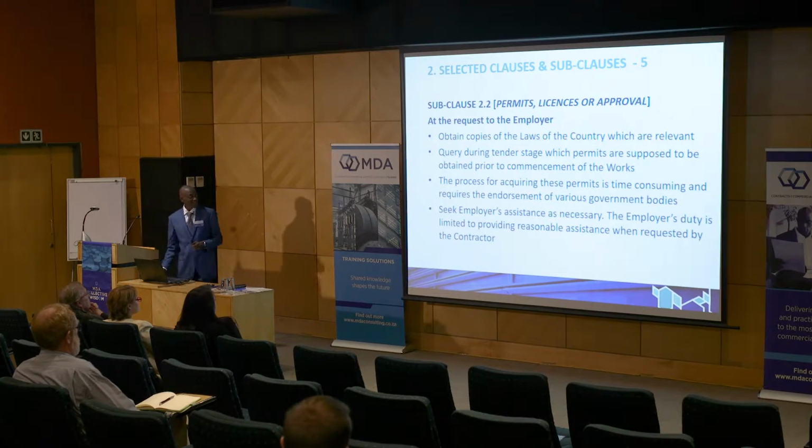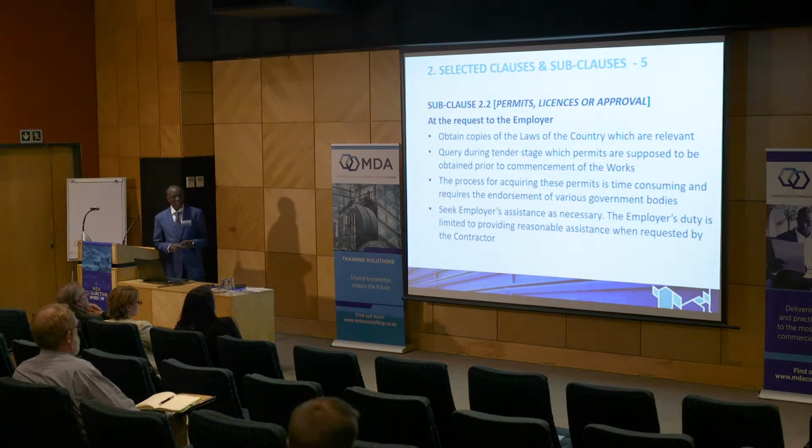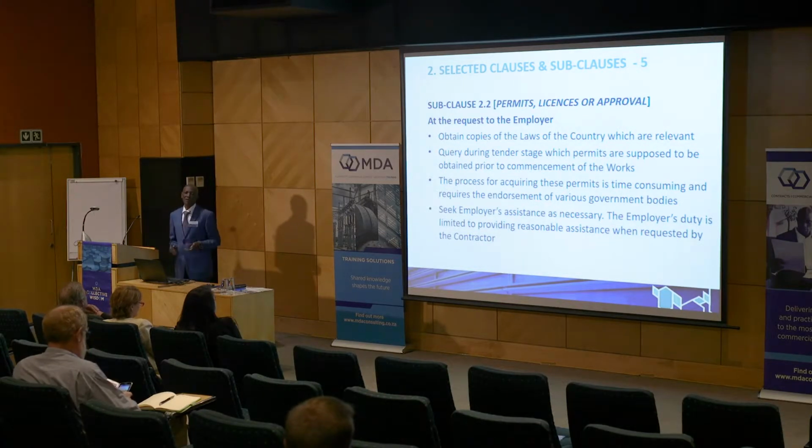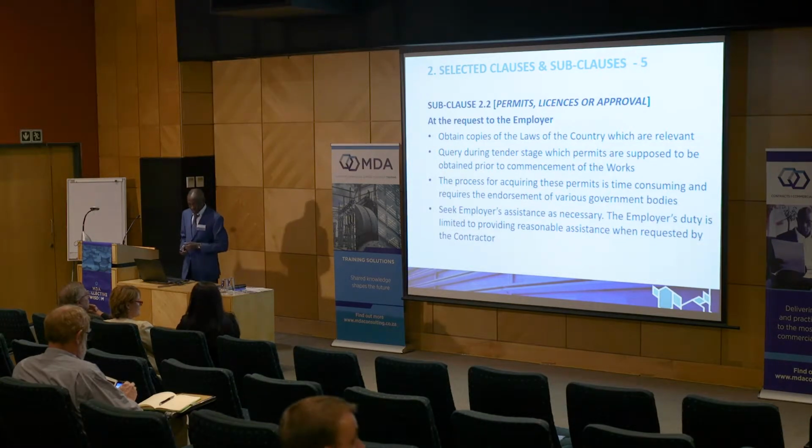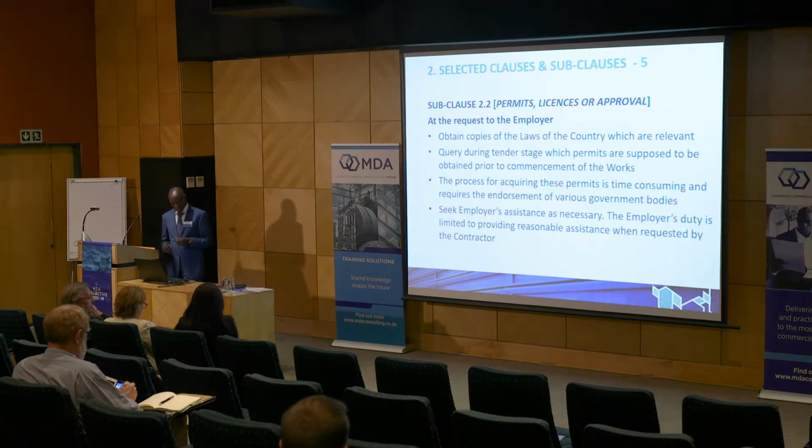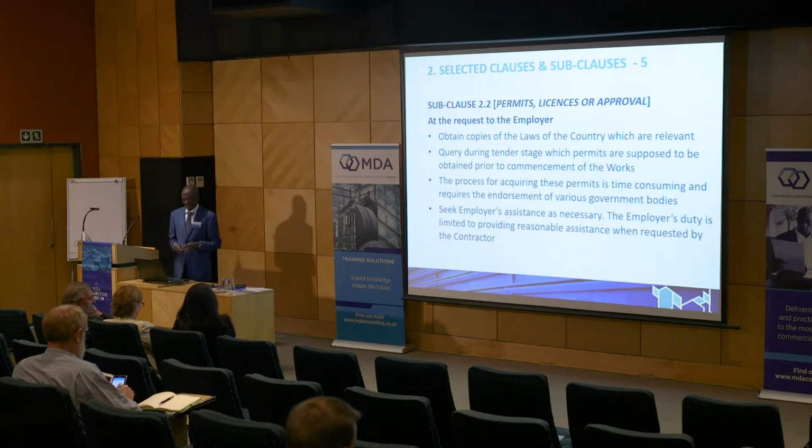Another subclause which I've selected, which is common in Africa, is permit, license, and approval. The contractor should obtain for the employer all copies of the laws of the country where he works, however, only laws which are relevant to the project he is going to execute. Also, he should query at tender stage which permits are supposed to be obtained prior to commencement of the works.